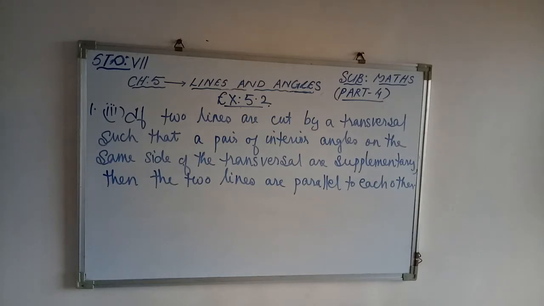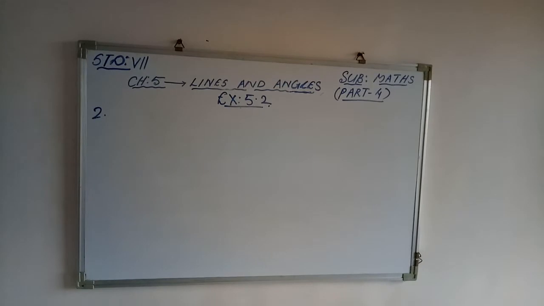Now we can see question 2. The figure is there in the textbook. In the adjoining figure, identify the pairs of corresponding angles. So first you have to identify the pairs of corresponding angles.